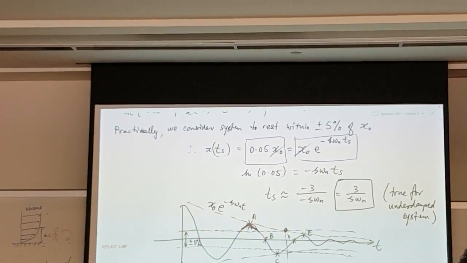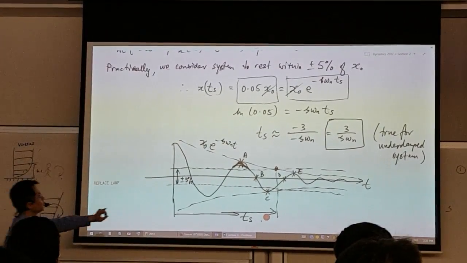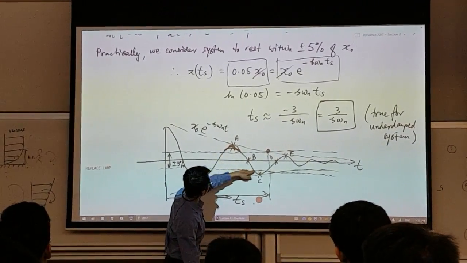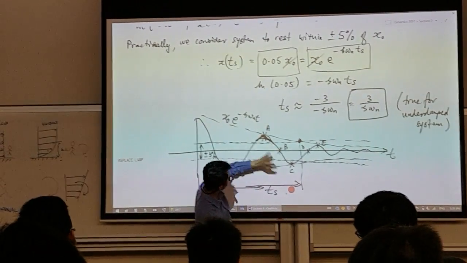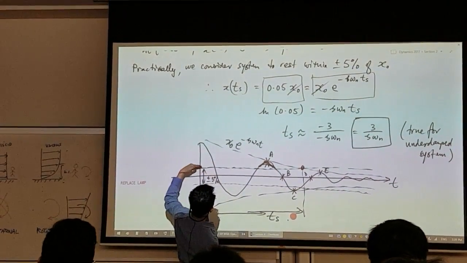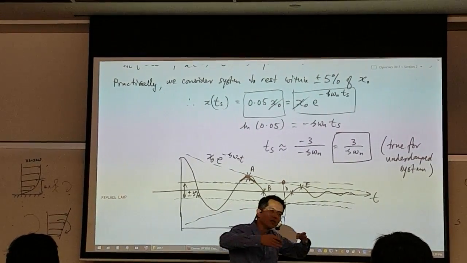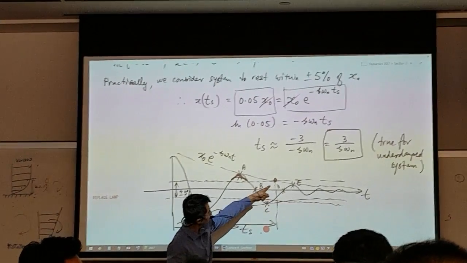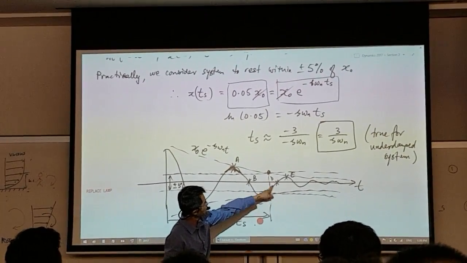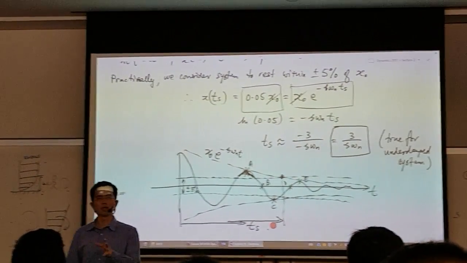Yeah, that blew your mind, right? So it's nothing to do with where it's touching, not even this intersection. Nothing to do with this curve. It's between this and your decaying line. Where they intersect is the time that it takes until then. And that is your settling time. That's how we define it.